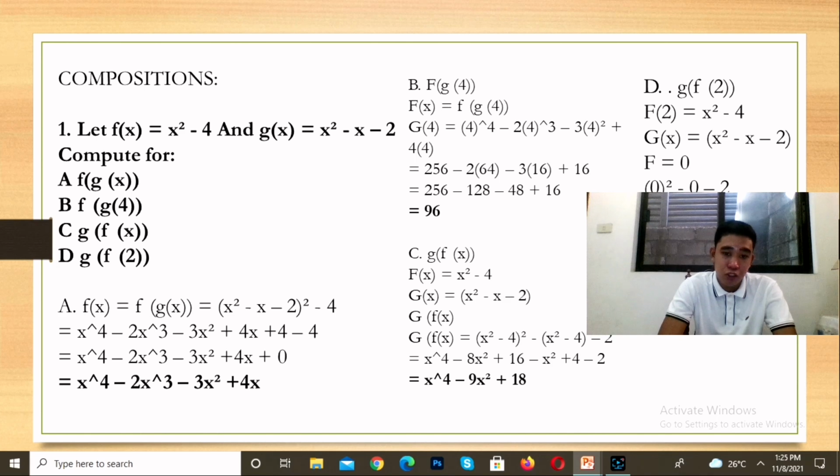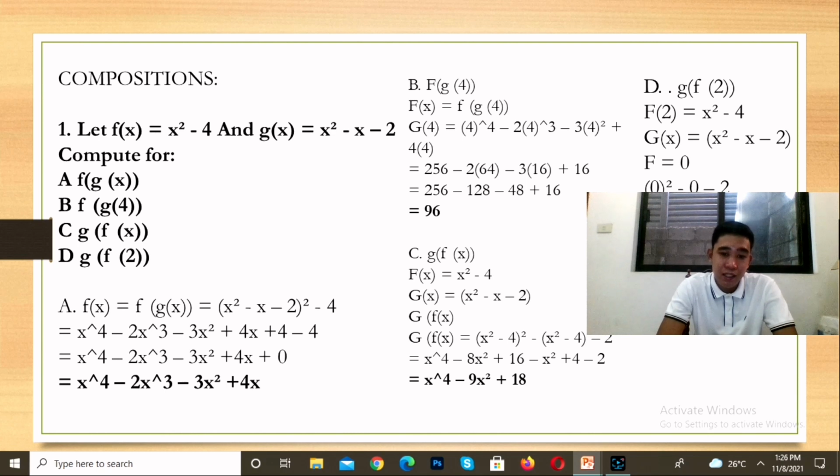Tapos substitute nyo lang. 256 minus 2 times 64 minus 3 times 16 plus 16. Laging unahin natin yung mga naka-parenthesis kasi 2 times 64 equals 128 and 3 times 16 equals 48. So, sunod-sunod na yan. 256 minus 128 minus 48 plus 16 equals 96.